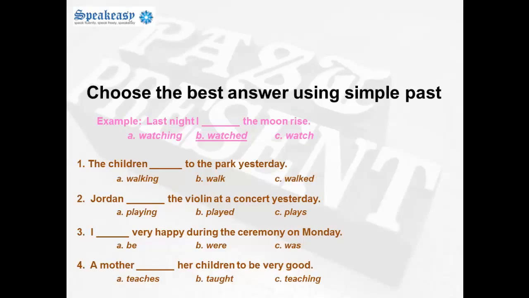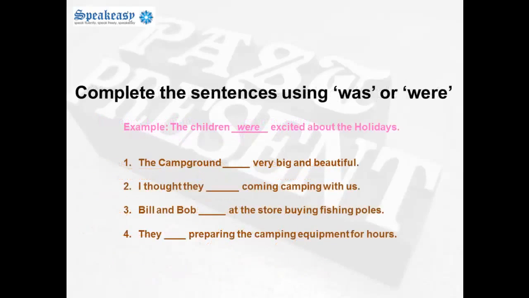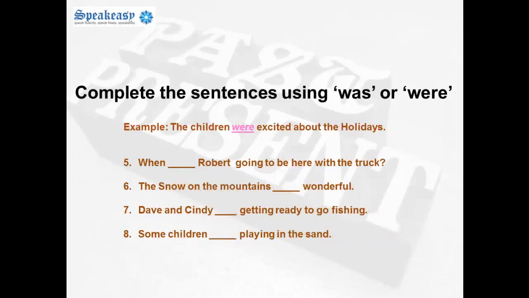For example, last night I watched the moon rise. Complete the sentences using was or were. For example, the children were excited about the holidays.